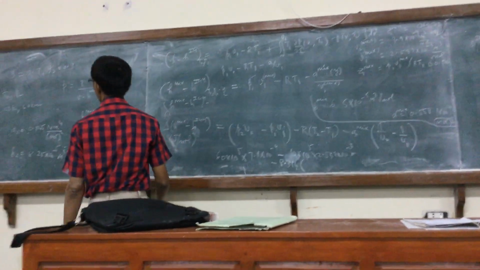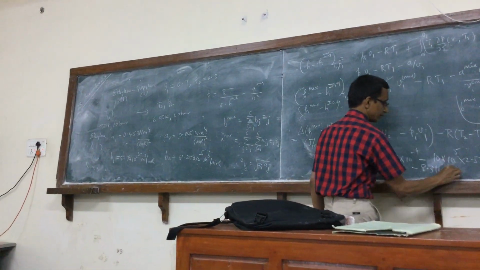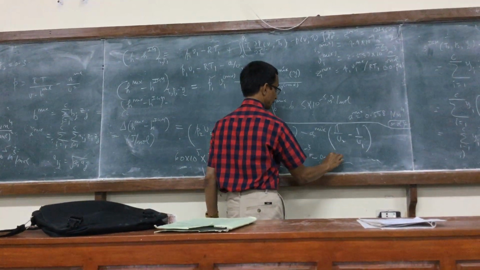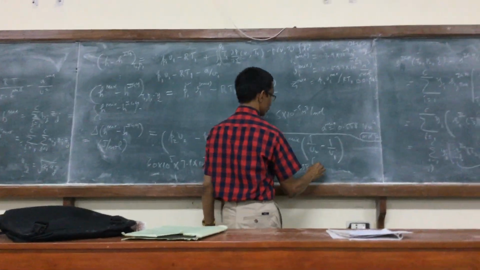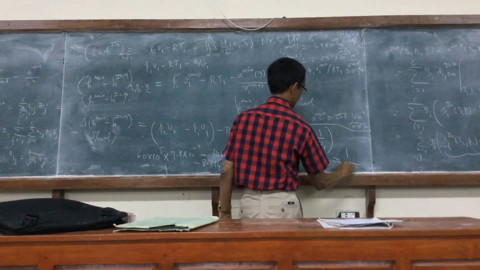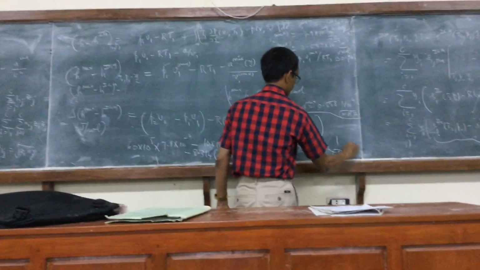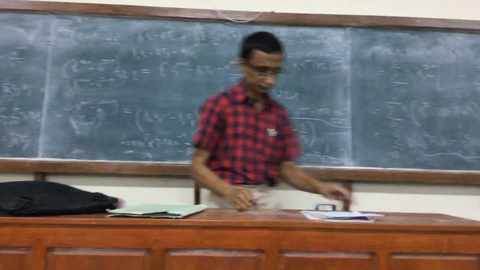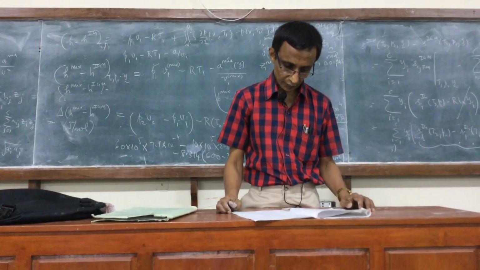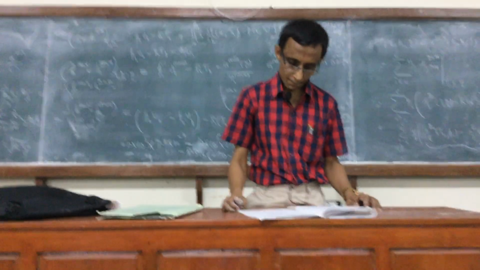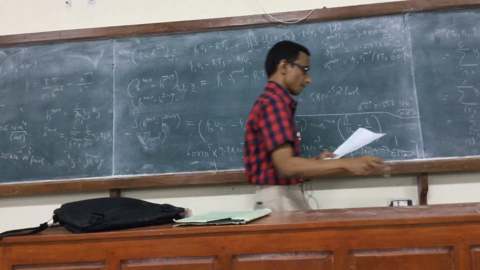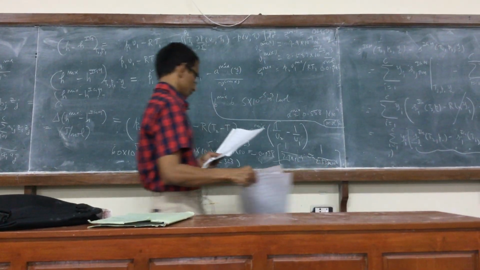T2 minus T1 is 600 minus 323. And then minus A mix, which is 0.55, times 1 over V2, 1 over 7.9 into 10 to the minus 4, minus 1 over V1. So, what is the answer that you are getting? You can calculate this.